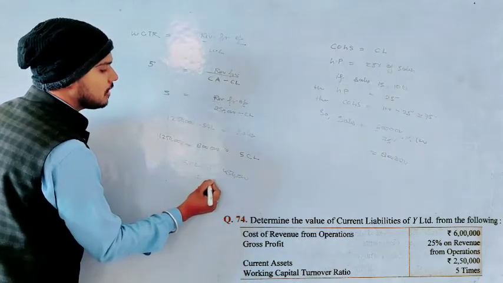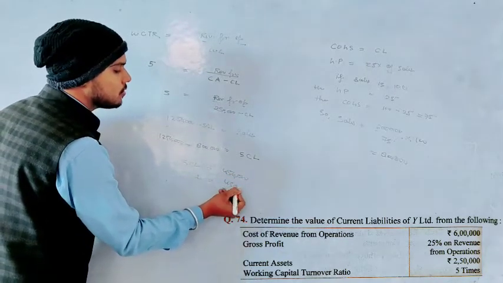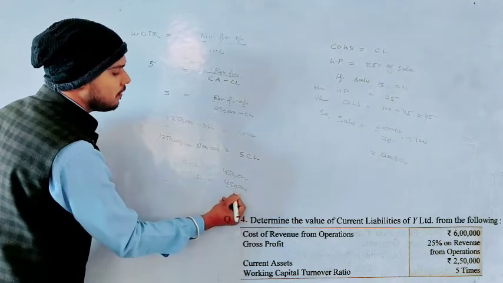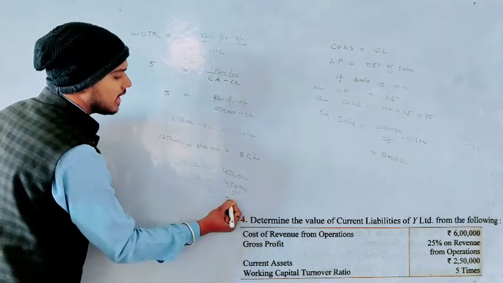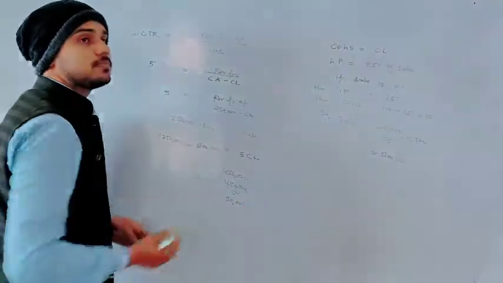So current liability will be 4,50,000 divided by 5, that will be 90,000 rupees.